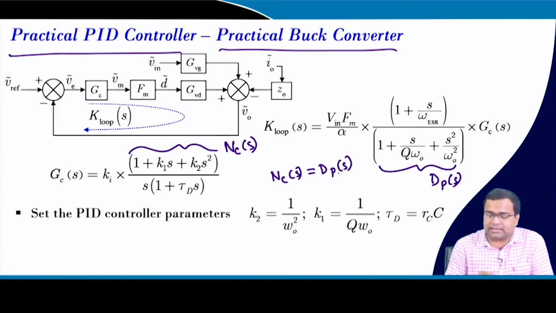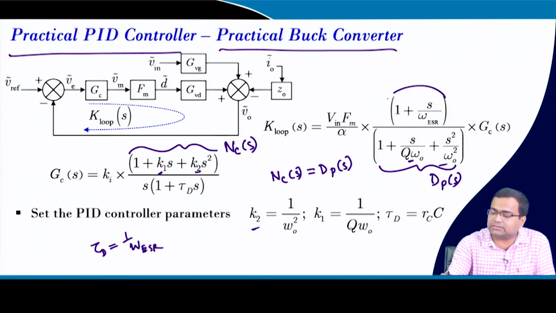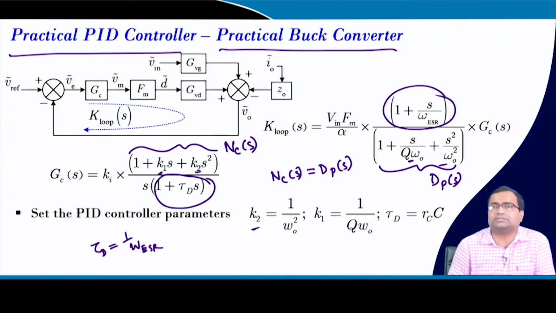If you do that, K1 here will be equal to 1 by this, and K2 here will be equal to 1 by omega 0. We also want to set tau d so that it cancels the ESR zero. So this controller pole is used to cancel this ESR zero.